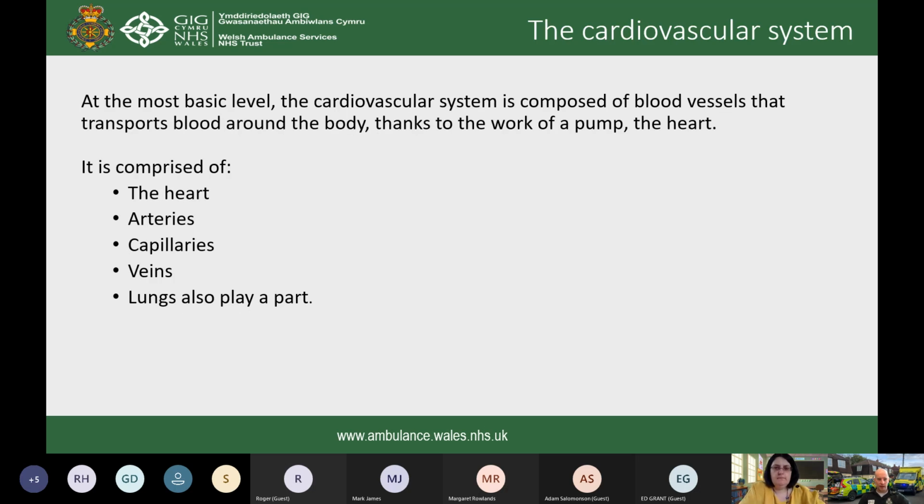So what is the cardiovascular system? Let's put some answers in the chat bar. Let's get involved. What is the cardiovascular system? What are the three main functions of it? So, carries oxygen, nutrients around the body, yeah, good. Pumps blood all around the body, yeah. Oxygenation, good.